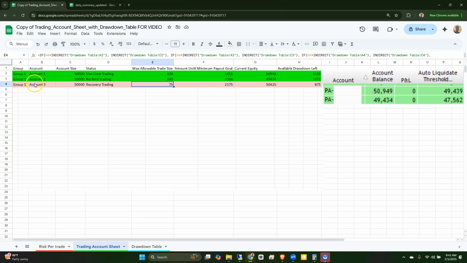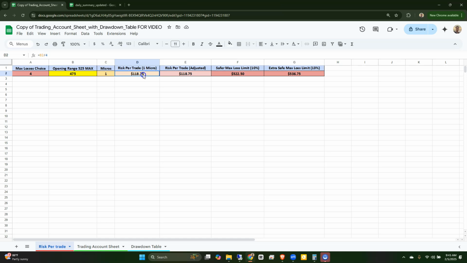Are we going to be allowed to trade account 3 on this day? No, because we are at $118 minimum risk. We can't trade less than 1 micro on a 475 day. So we either trade it or don't trade it, but it's $118.75 per trade.